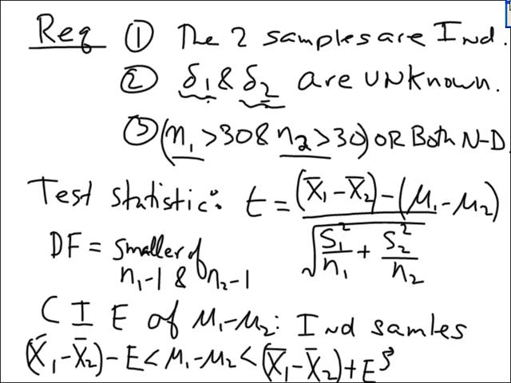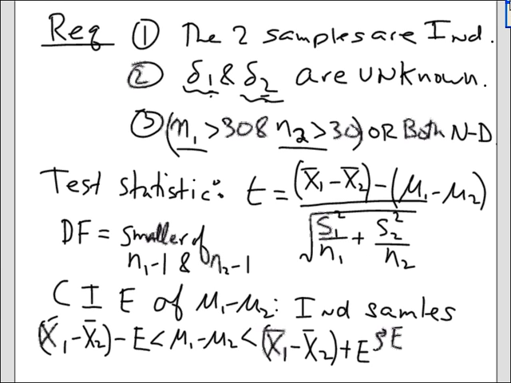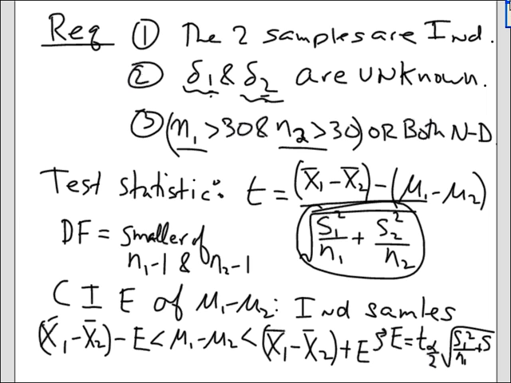Maybe I have room right here, where E is equal to t alpha over 2 times basically what's right here: s1 squared over n1 plus s sub 2 squared over n2.